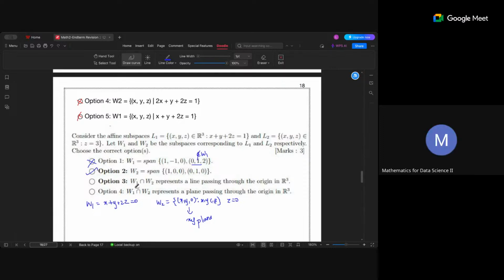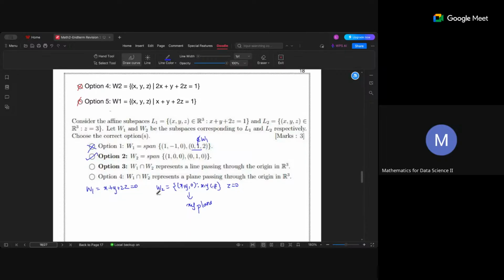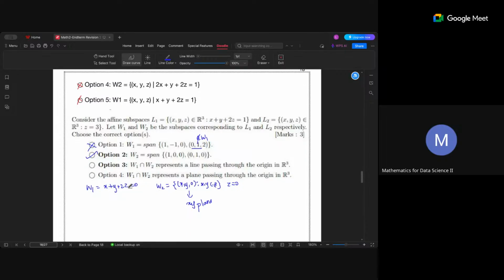Now what is W1? It is x comma y comma 0. And what is W1 intersection W2? You have z equal to 0 for W2. So when you substitute it here, W1 intersection W2 is the set of all x comma y comma z such that z is equal to 0 and x plus y is equal to 0.